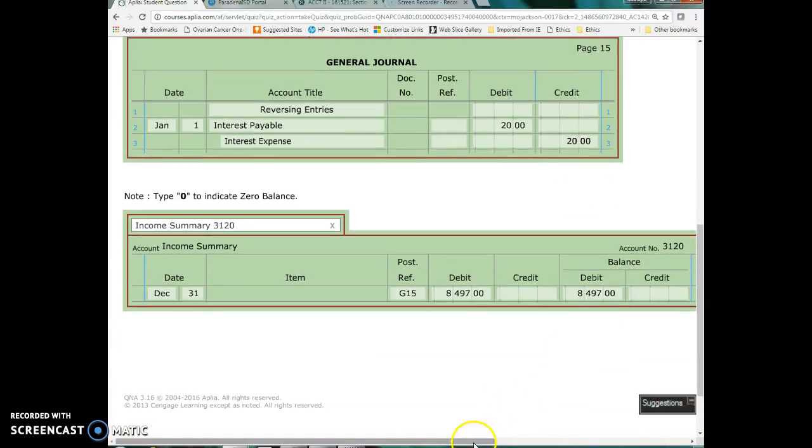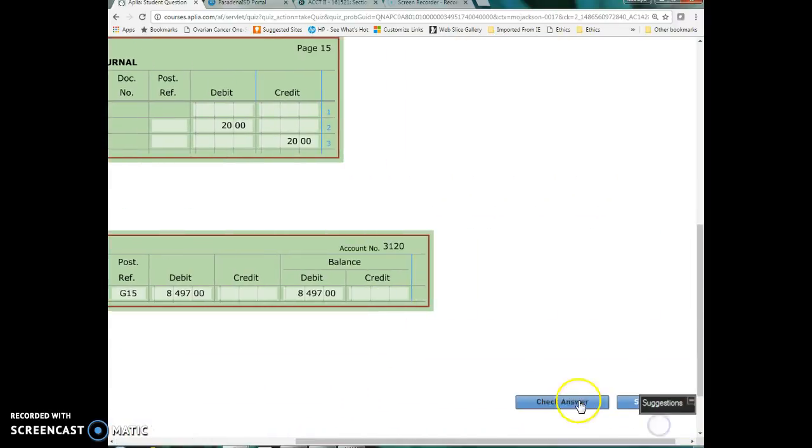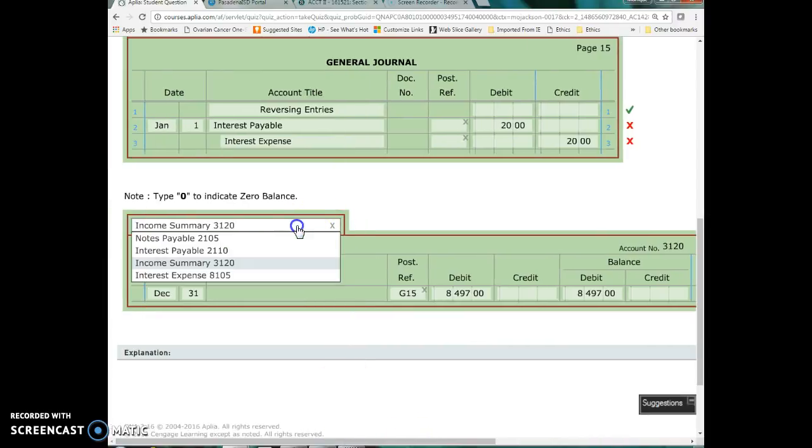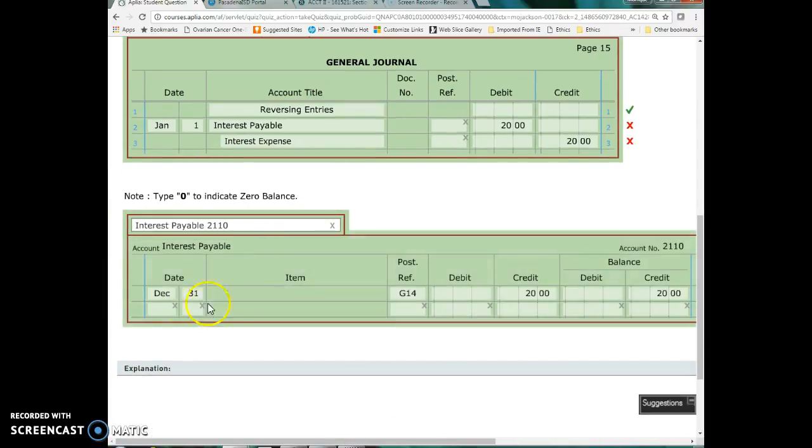I'm going to do a quick check, make sure I'm leading you correctly. Wonderful. So now let's post these two. January 1st from G15 in interest payable, debit of $20 with a credit entry, 0 in both columns. 2110 here.